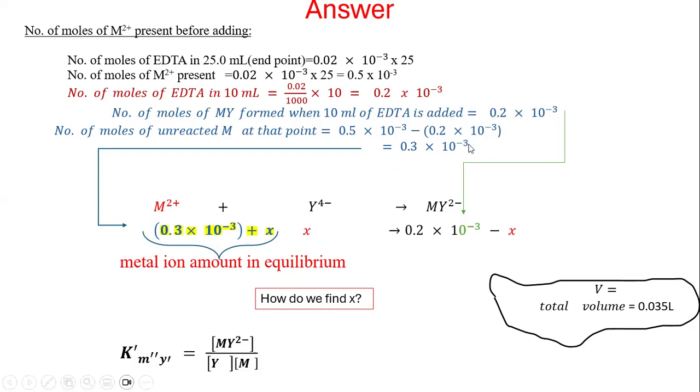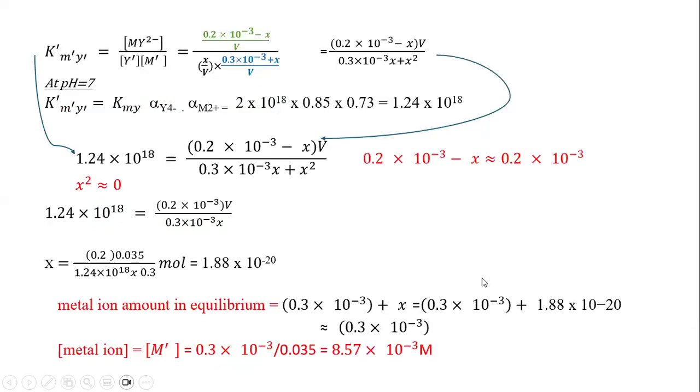So now you know the product that is formed. Okay, we can get it. It is 0.2 into 10 to the power minus 3. I'll show you the other slide.